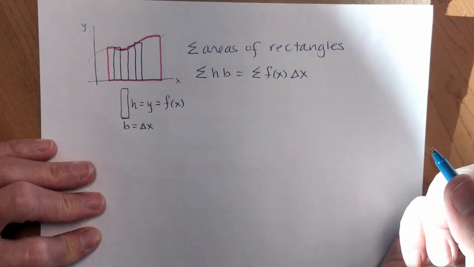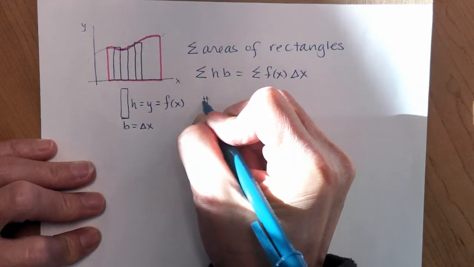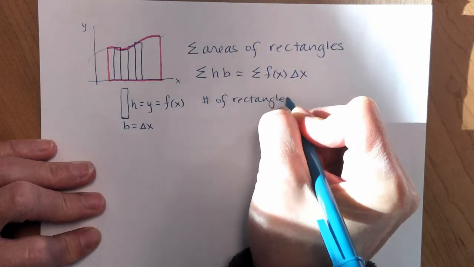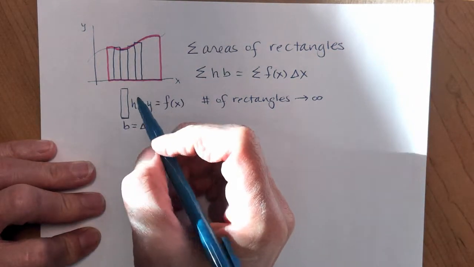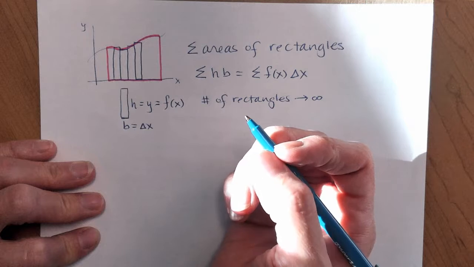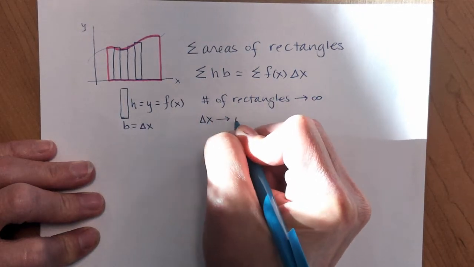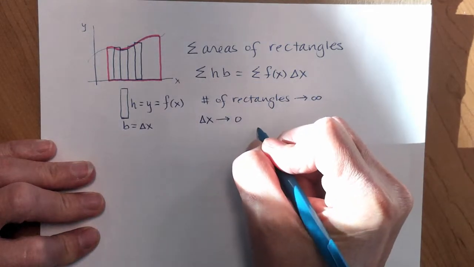So when we say an infinite number of rectangles, or the number of rectangles approaches infinity, then the base of my rectangle is getting smaller and smaller, or delta x is approaching 0. So this becomes our integral.